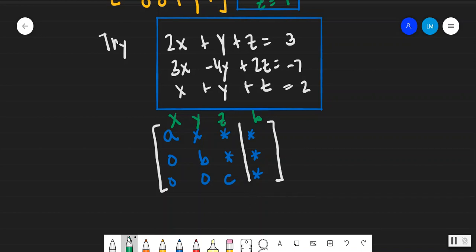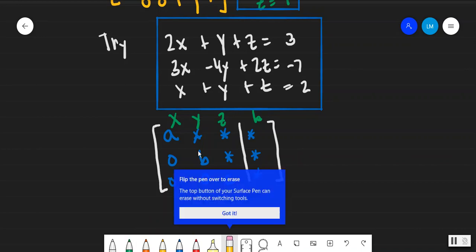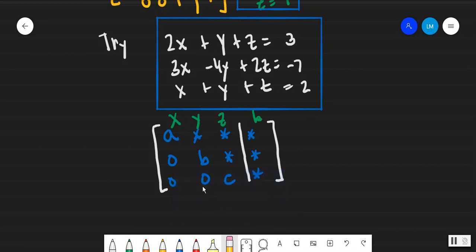But in reality, yes, it is true that this should be a 1, and that should be a 1. That's a 1, that's a 1, and that's a 1, which basically is the whole concept of the echelon method.